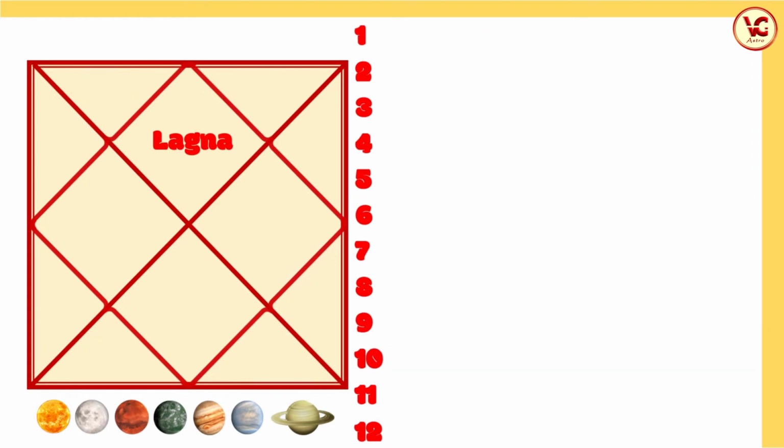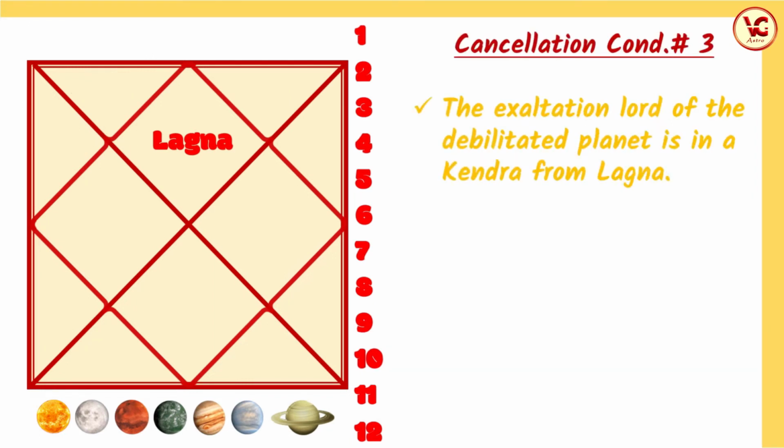Condition number 3: the exaltation lord of the debilitated planet is in a Kendra from Lagna. In the first two conditions it was the debilitation lord in Kendra from Lagna and Moon. Now the exaltation lord of the debilitated planet is in a Kendra from Lagna. Let's say for example, this is Capricorn sign and Jupiter is debilitated here, and its exaltation sign is Cancer and its lord is Moon.